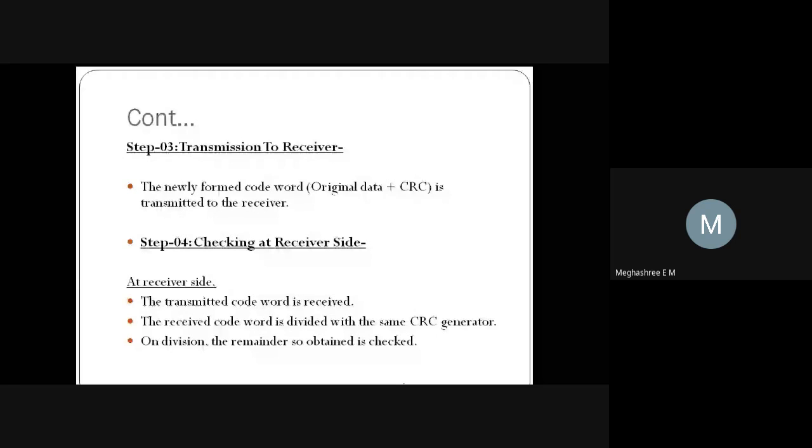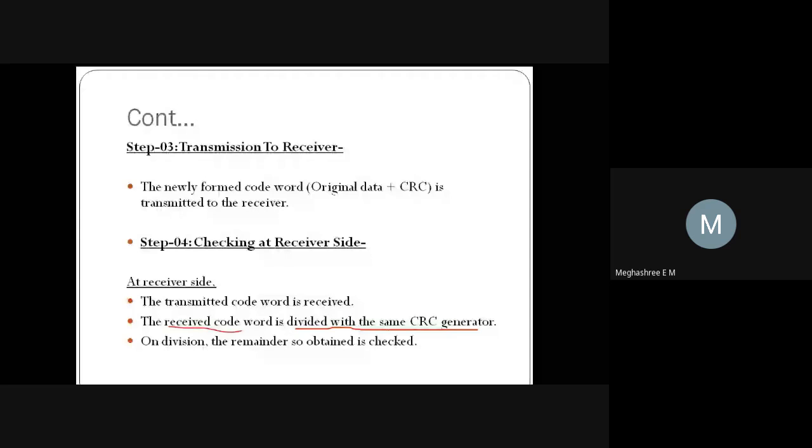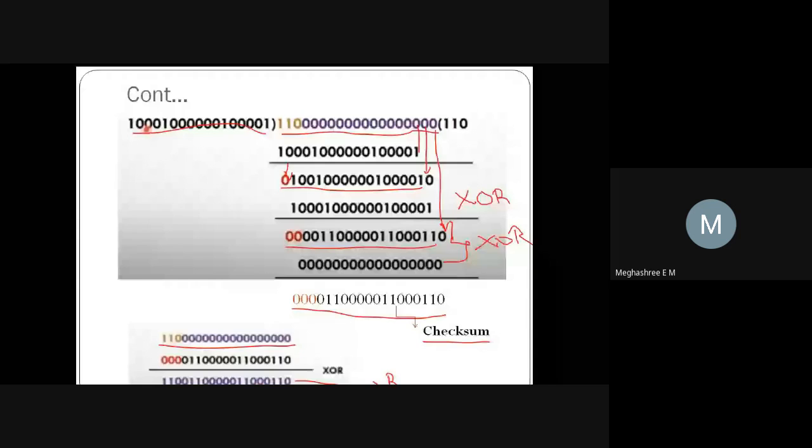Once the data is received at the receiver end, whatever code word is received should again be divided with the same CRC generator. That means this value should be divided with the same polynomial generator.